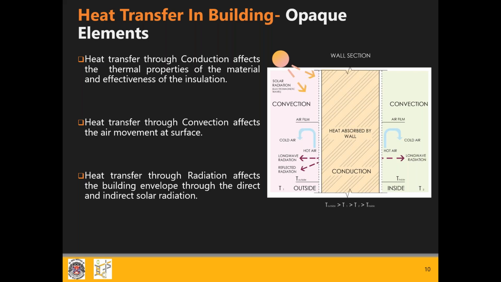Some of it is radiated back, some of it is reflected back, and a part of the absorbed heat is then passed on within the building where you want your thermal comfort to happen. This is how heat goes in from outside. That is why it is very important to have a good building envelope that can insulate you and protect you from the harsh solar radiation coming from outside.